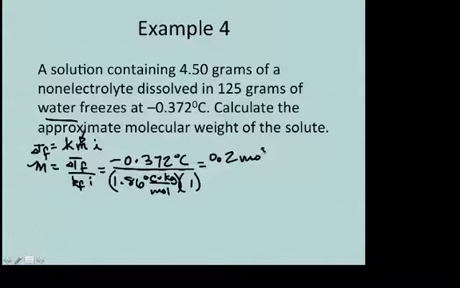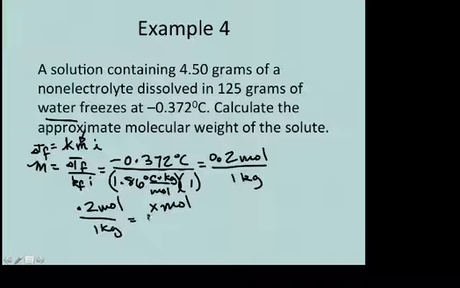0.2 moles per kilogram of solvent. So now here comes the critical step. If I have 0.2 moles for every 1 kilogram, then how many moles will I have when I have 125 grams? So that's 0.125 kilograms.